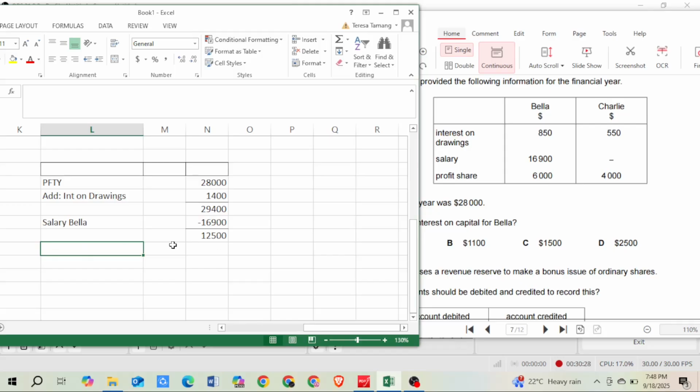Now after salary we are supposed to subtract less interest on capital. But I don't know that interest on capital for now, so I'll just put a question mark there. Interest on capital we don't know, but once I subtract this question mark figure, the amount that I have here should be equivalent to share of profit.